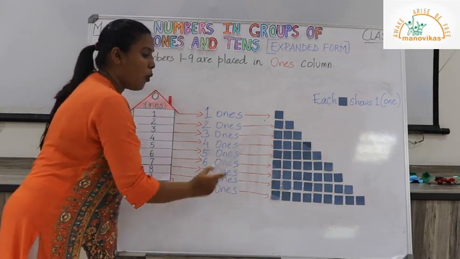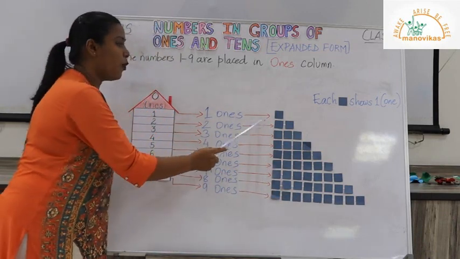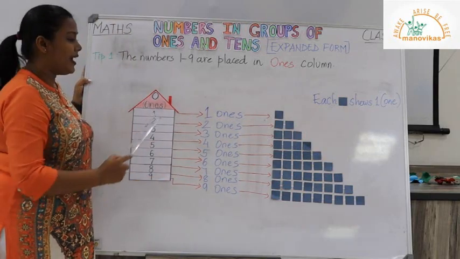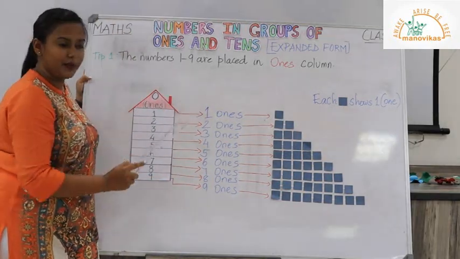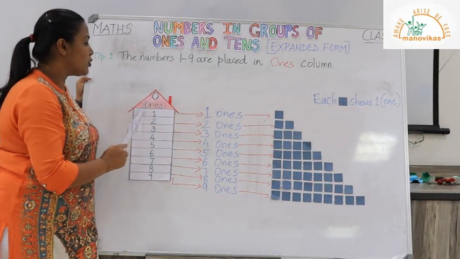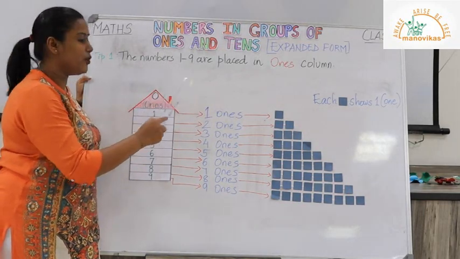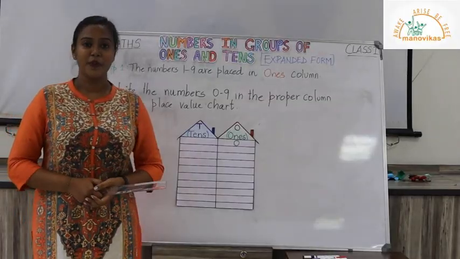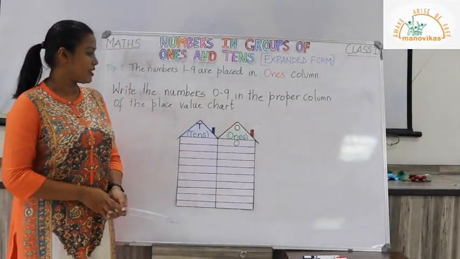So this shows you only one number. So hence we know that single digit numbers always go to the ones place value in the place value chart.